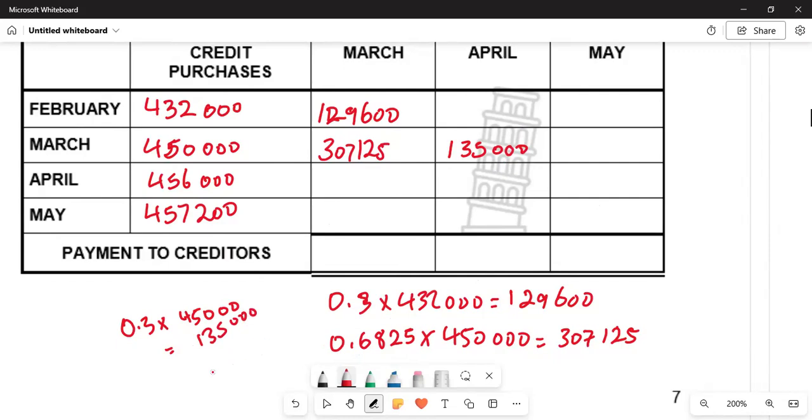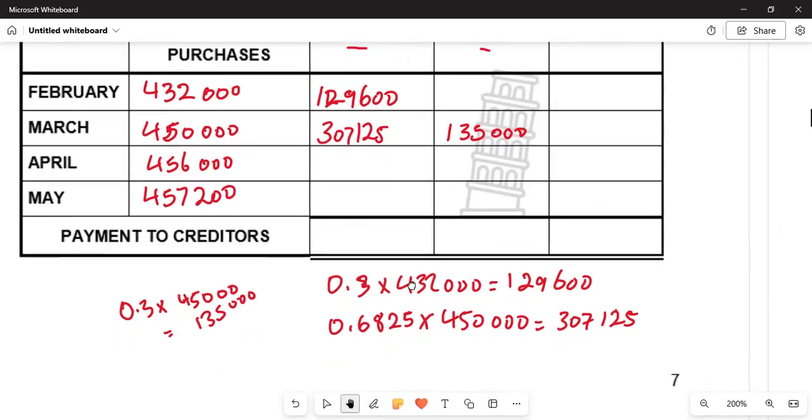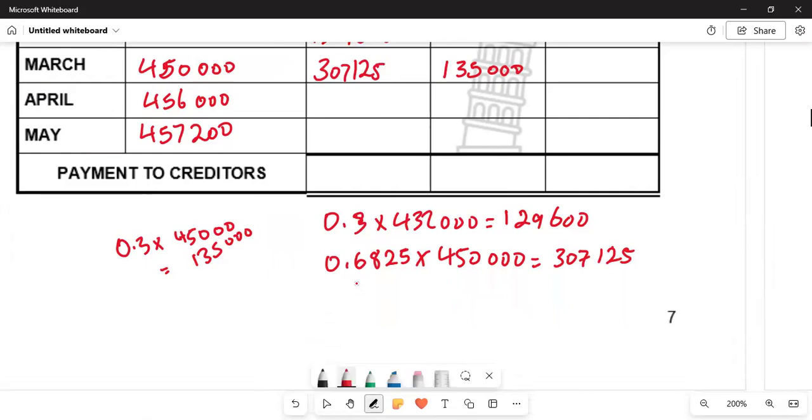Then we come to the month of purchases. The month of our purchases is now April, because it was March. We are going to use this percentage for the month of purchases. So we say 0.6825 multiplied by the credit purchases of April, which is 456,000.